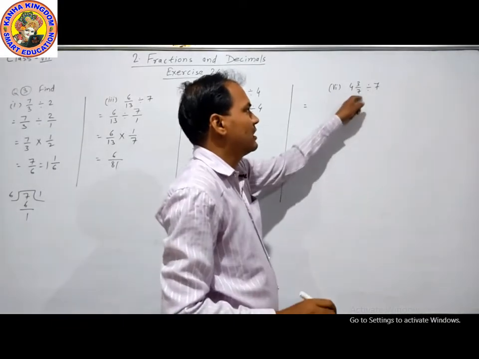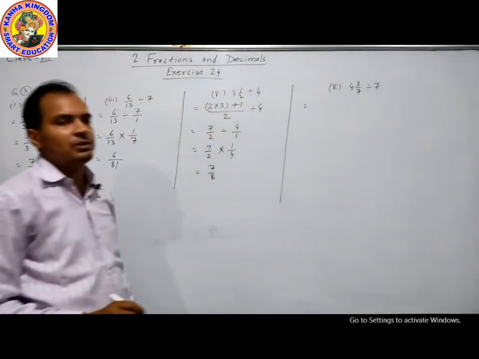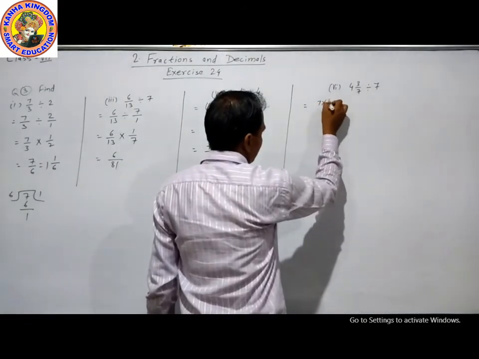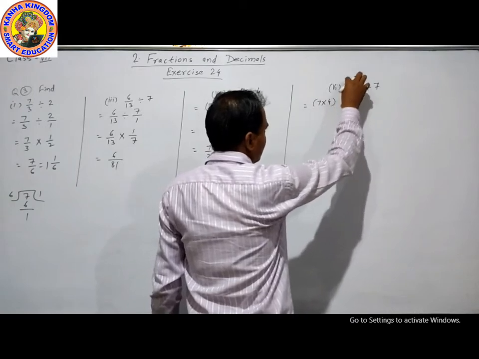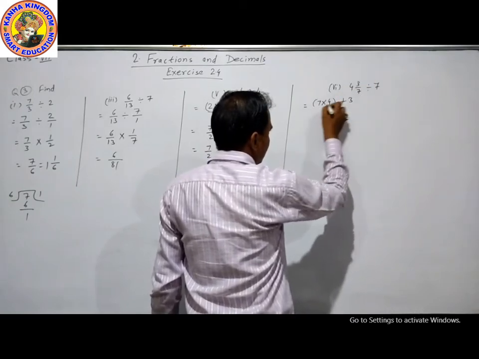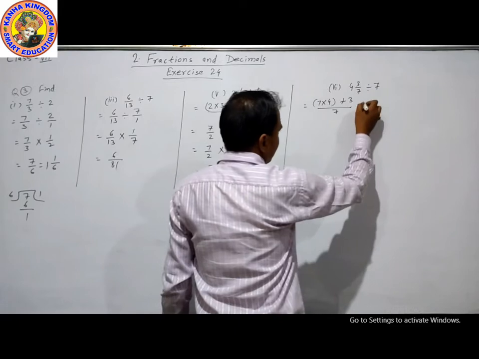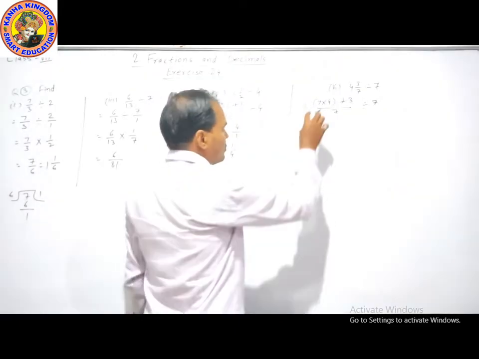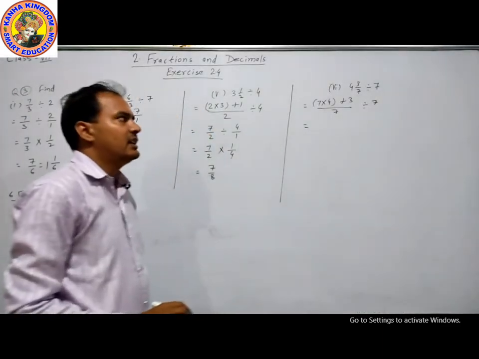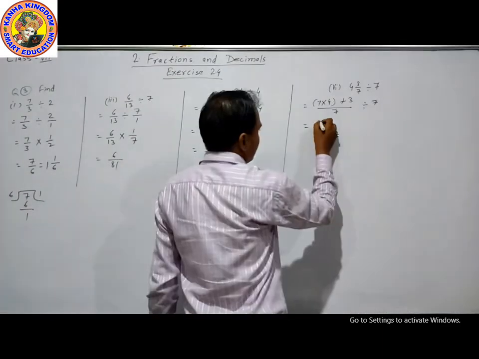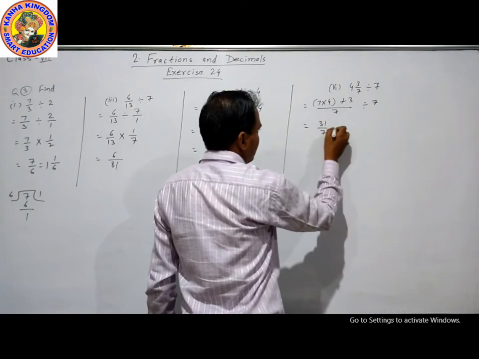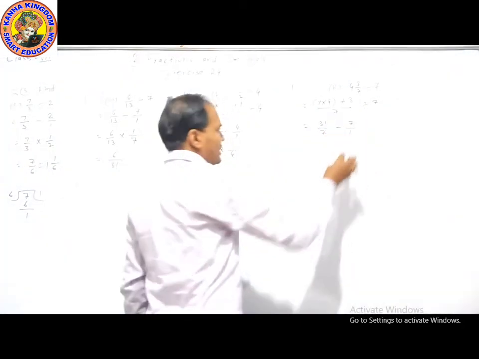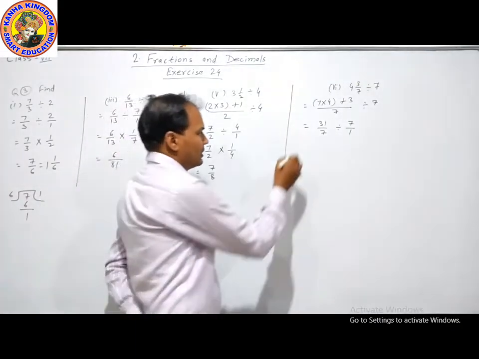Now this is our mixed fraction number, we will change it into a fraction number. So this is 7 into 4, then plus 3, the divisor is 7, divided by 7. 7 into 4 is 28, 28 plus 3 is 31 upon 7 divided by 7 upon 1. 7 can change into 7 upon 1.